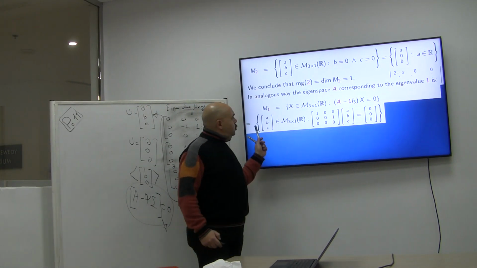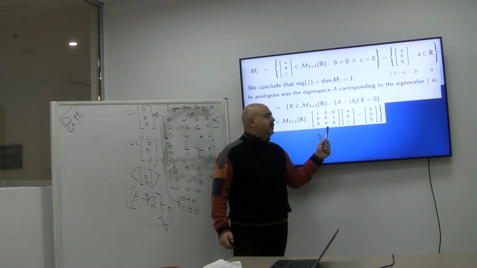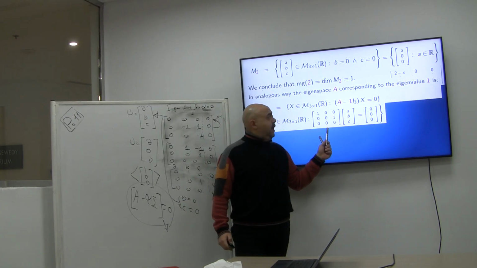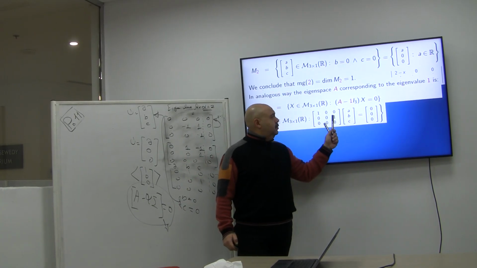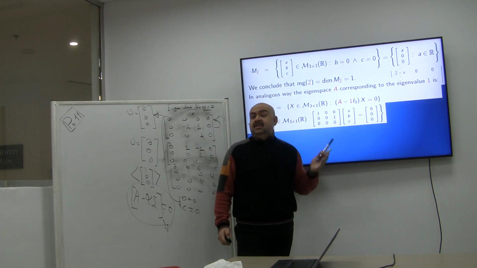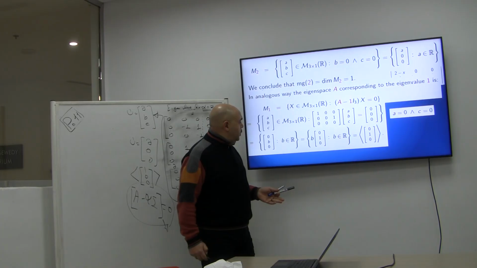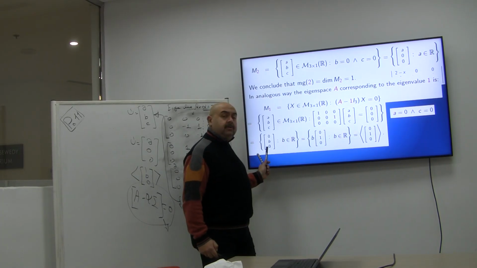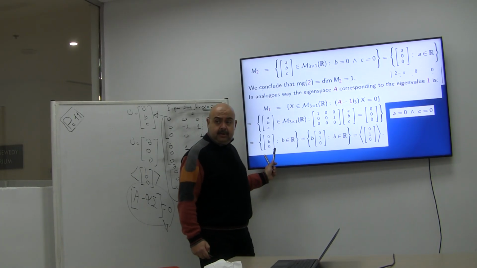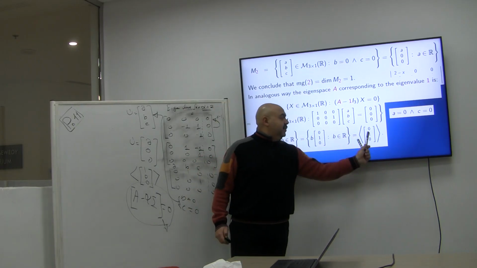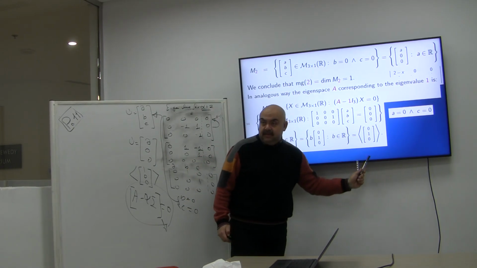Doing so, you will end up having a system like this. This system implies that A equals 0, B equals 0, and C is your free variable. So if you make this substitution, you will have A and C equal to zeros, B not equal to 0. So you will end up having the span which is (0, 1, 0).